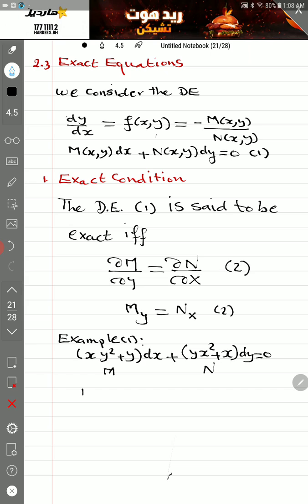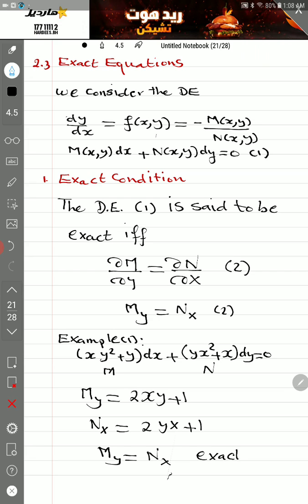So let's differentiate. m of y equals 2xy plus 1. n of x will be 2yx plus 1. They are equal, so it must be exact. So we write m of y equal nx, which means that it is exact. So we are proving this differential equation is exact.